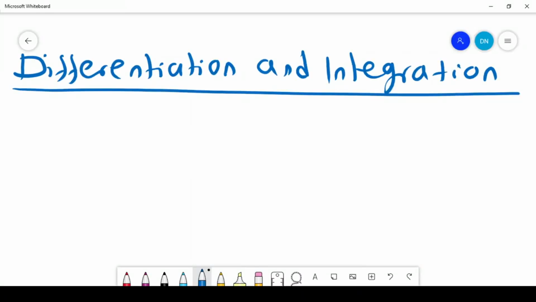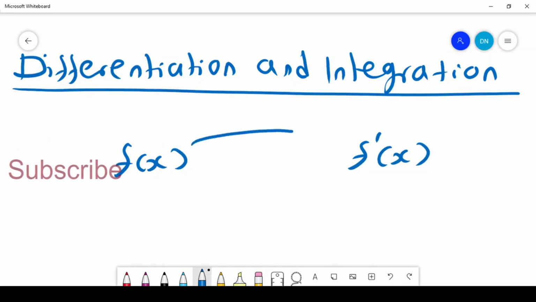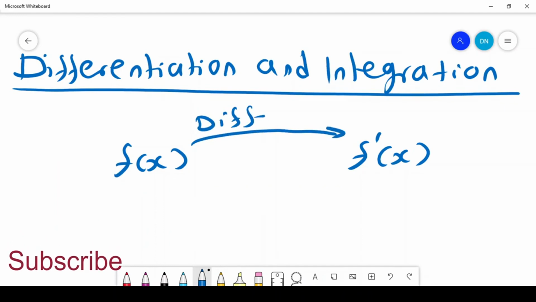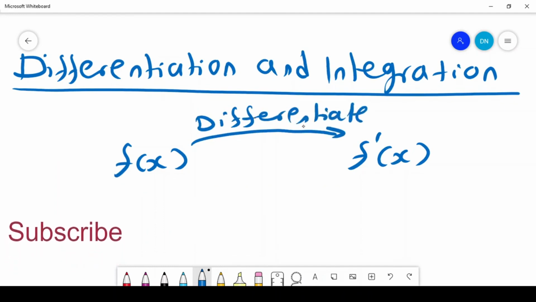We look at the relationship between differentiation and integration. Basically, if you are given a function and you differentiate, you get the first derivative.